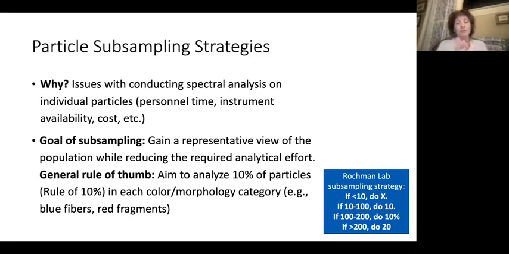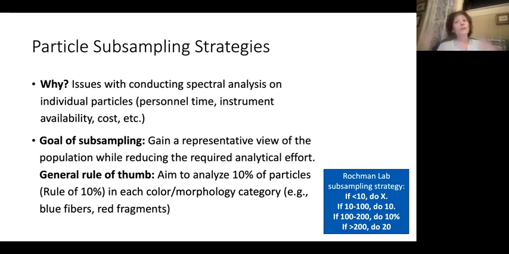But a goal of subsampling is to gain a representative view of the greater population of your plastic particles or whatever they are, while reducing the required analytical effort. A general rule of thumb is to aim to analyze 10% of the particles in each color and morphology category. Do the best you can, is the other rule of thumb.